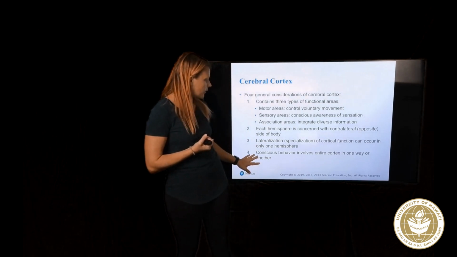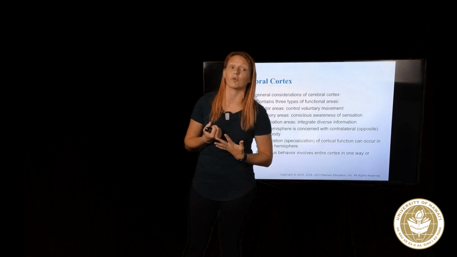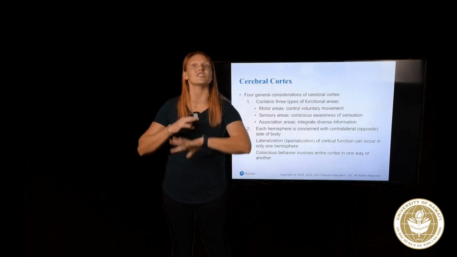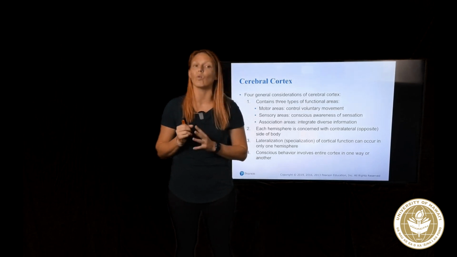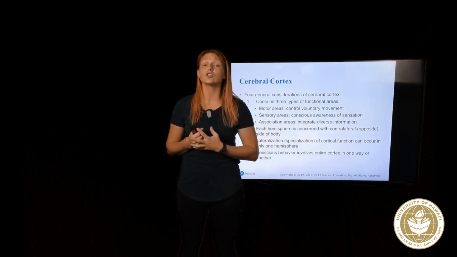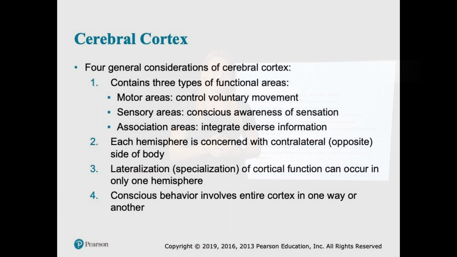Lastly, what I want to mention here in terms of these four general considerations of the cerebral cortex is that conscious behavior involves the entire cortex in one way or another, because the brain kind of all works together to transmit information from one part to the next.